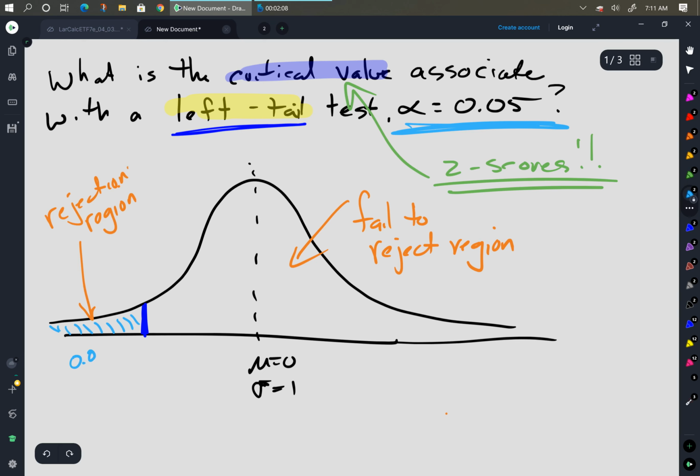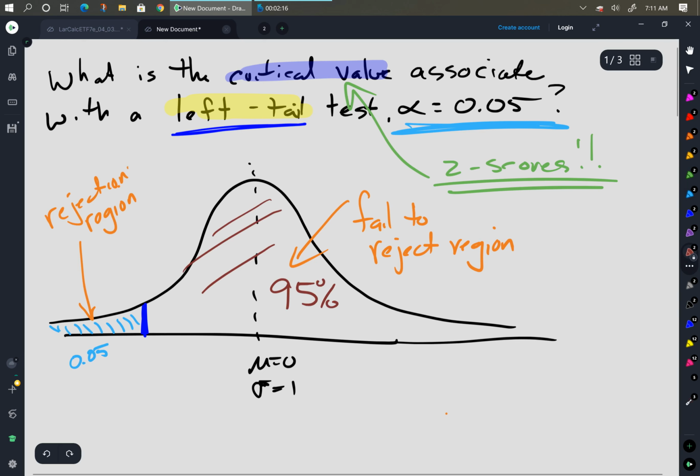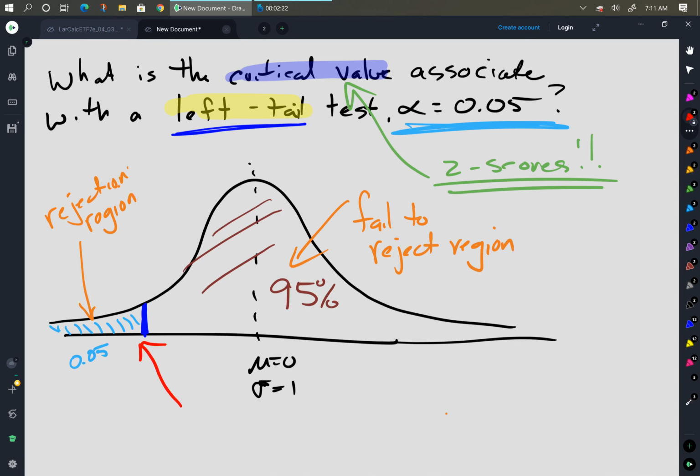So this one is going to have a 0.05 or a 5% size, but if that's 5%, then this over here must be 95%. And so all the critical value problem is asking is, what is that number right there? Well, we did this like, I don't know, it felt like 100 times. It was probably closer to maybe 15 times in chapter 5.